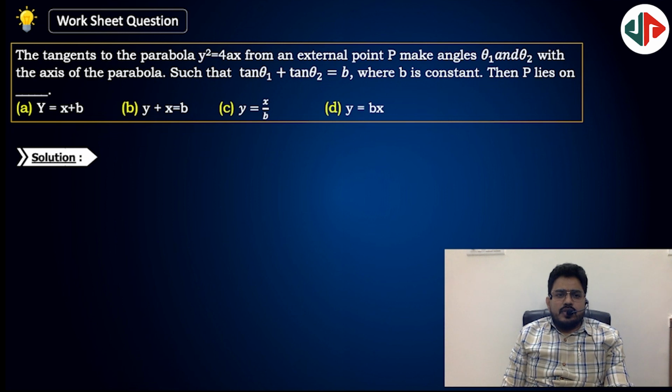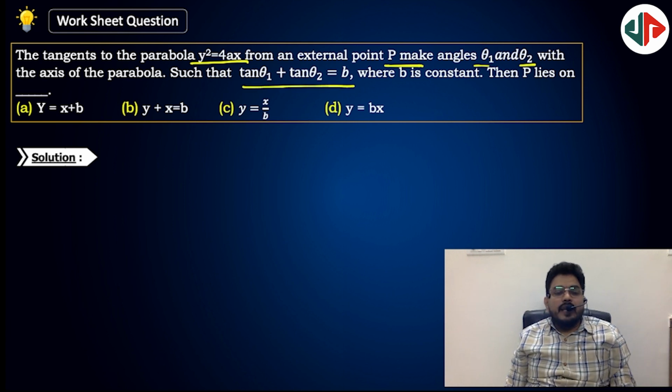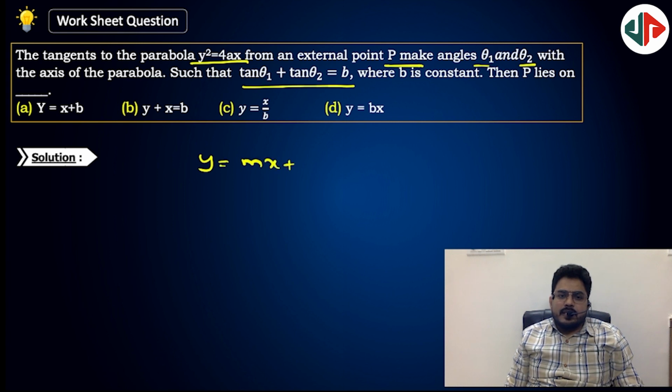The tangents to the parabola from an external point P make angles theta 1, theta 2 such that tan theta 1 and tan theta 2 are the slopes. P lies on the line y is equal to mx plus a by m, which is passing through x1, y1.